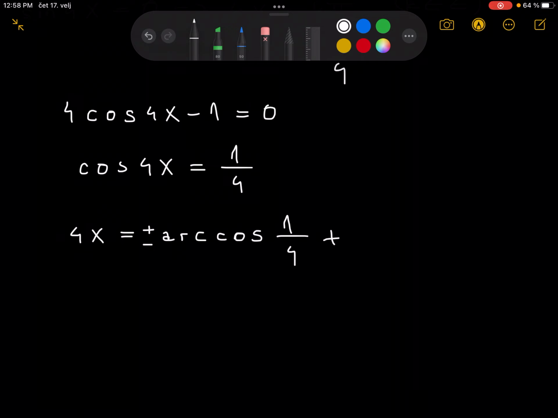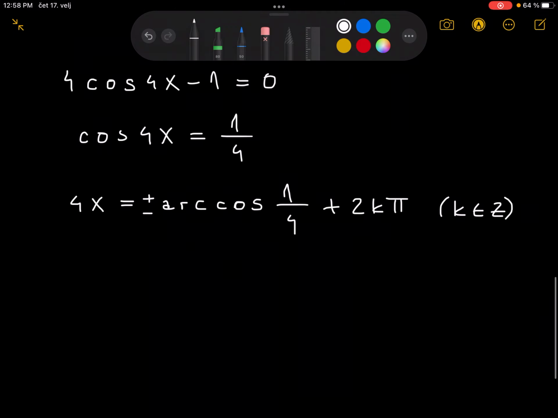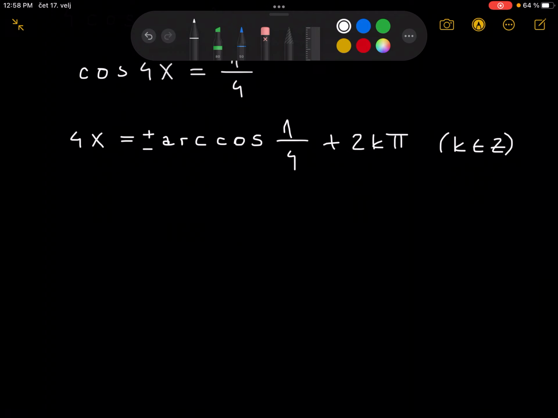And of course, plus 2k pi, where k is an integer. So x is equal to plus or minus 1 over 4 times the arc cosine of 1 over 4 plus k times pi over 2.